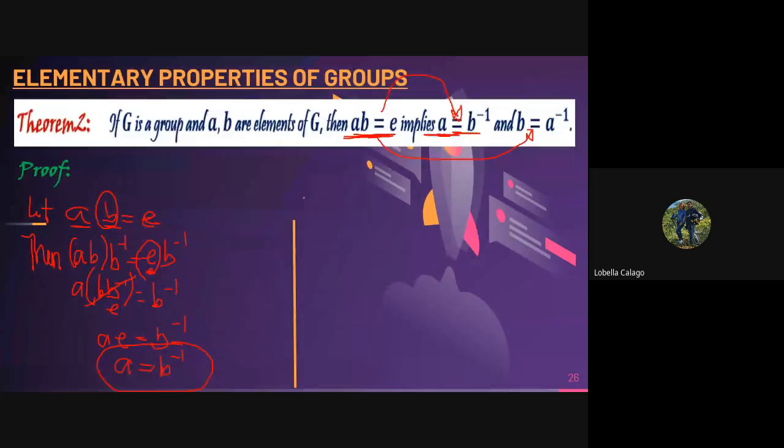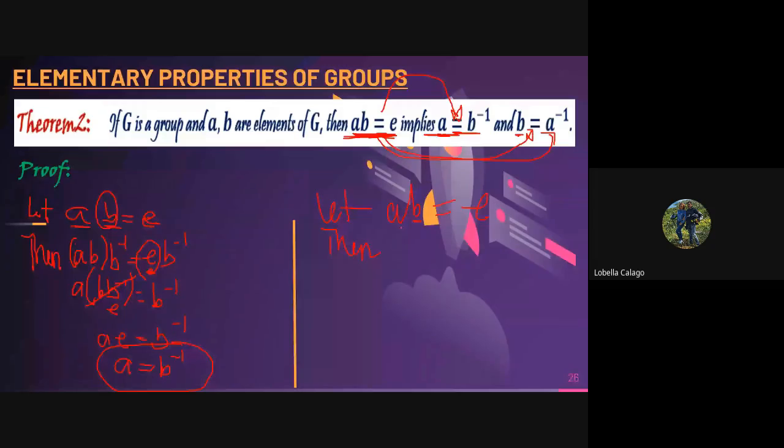Next one. So, kailangan natin i-prove na if AB is equals to E, then B is equals to A inverse. So, let AB is equals to E. Ito yung kakailangan natin dalhin. Ang dapat matira ay si B. Therefore, i-multiply po natin ang A sa A inverse. So, dito po natin lalagay ang A inverse sa side ni A, so, left side.